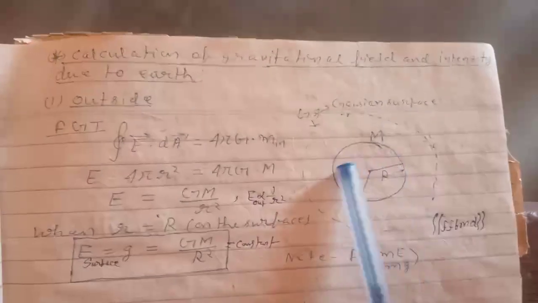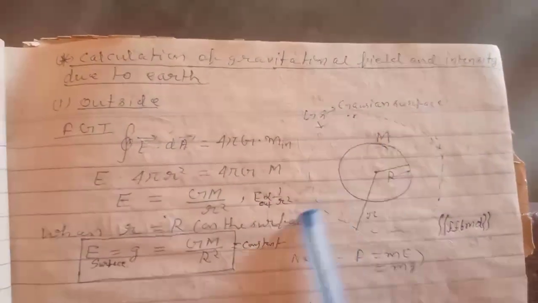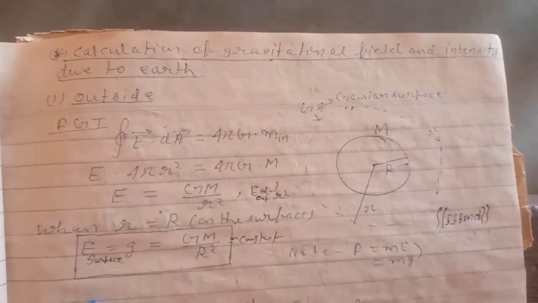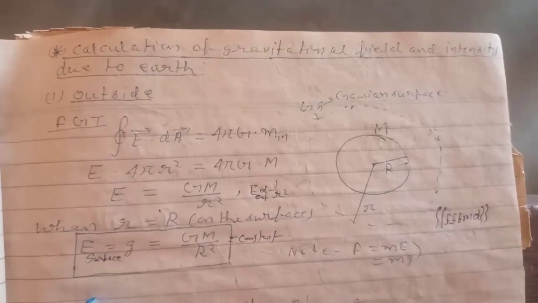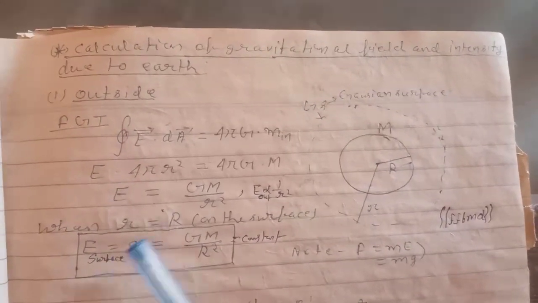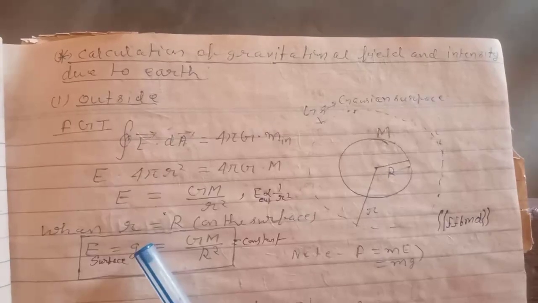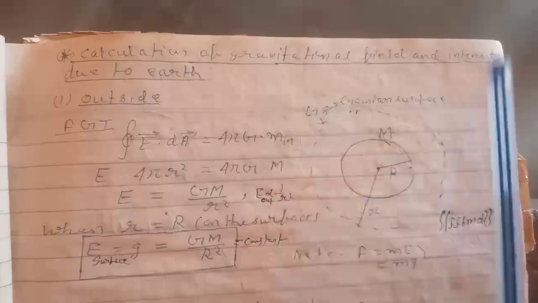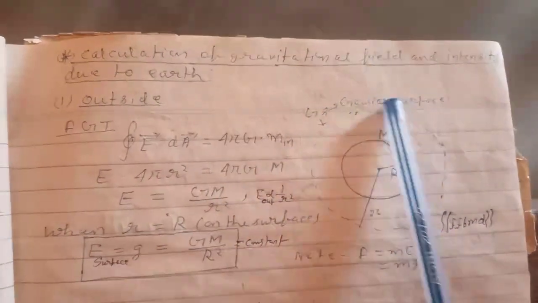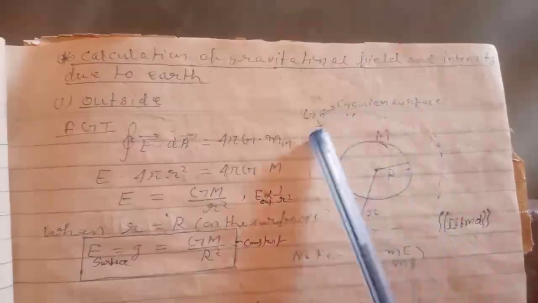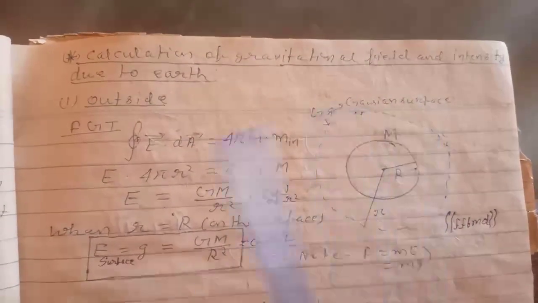This is the Earth, whose mass is m and radius is r. Outside the Earth, that is beyond the radius, we draw a Gaussian surface at a distance x.